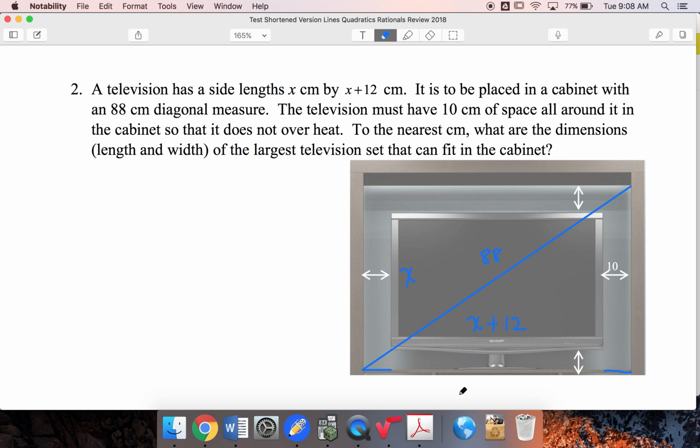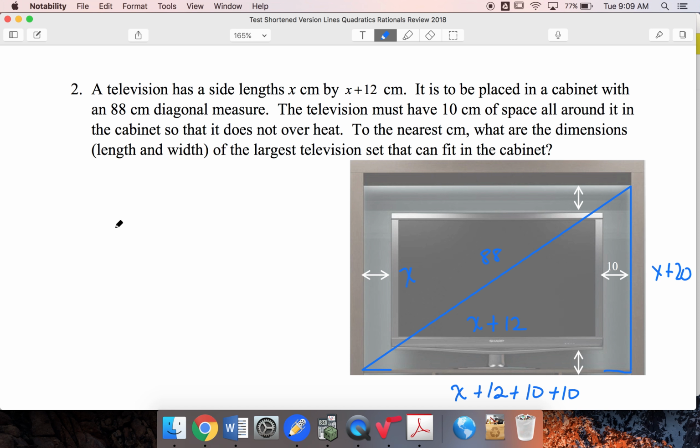So this whole bottom length then is going to be x plus 12 plus 10 plus 10, and the length in this direction is going to be the 10 here, the x here, and then 10 here. So that's going to be x plus 20 for my x plus 10 plus 10.